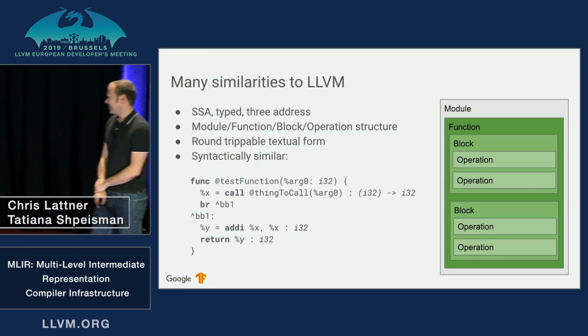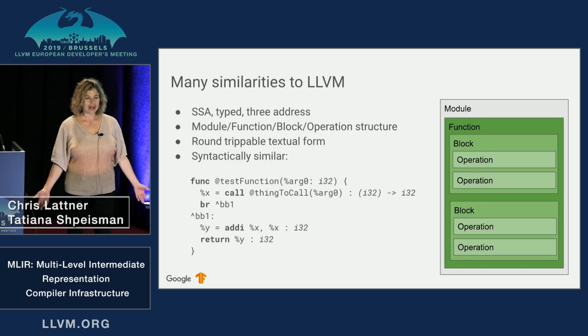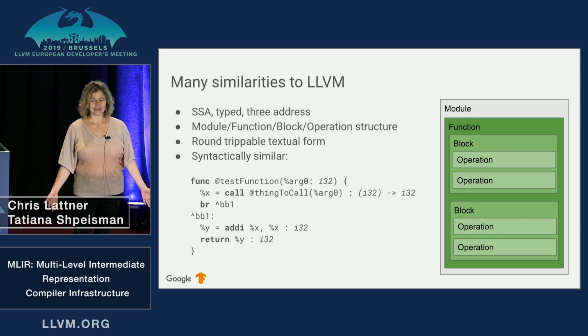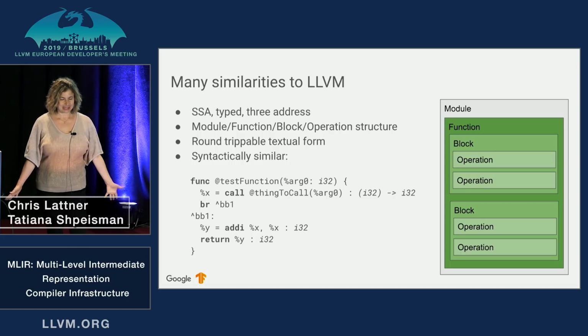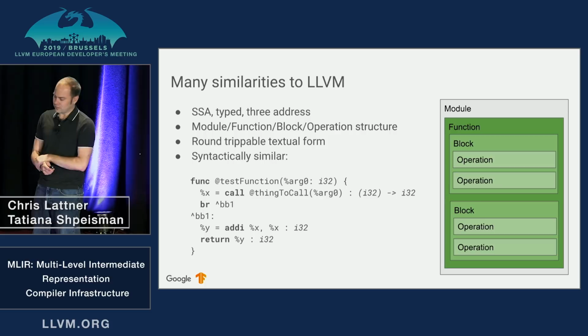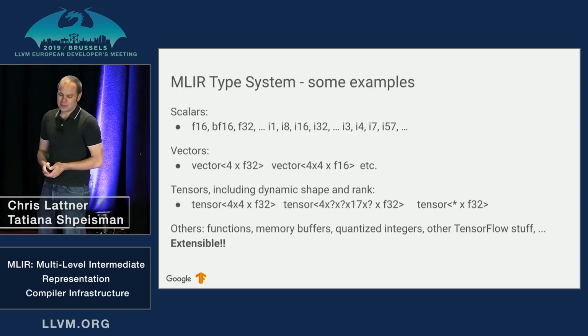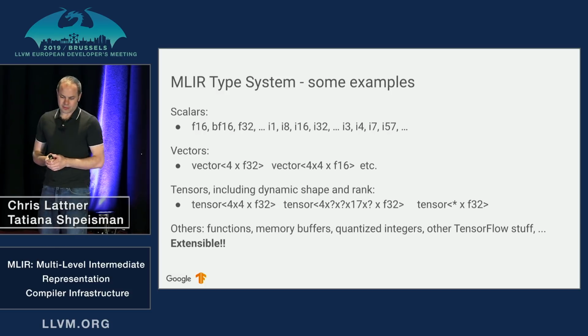So what is it though? What is it really? Well, it's an intermediate representation, and we took a lot of good things from LLVM. So if you look at it, it looks familiar, and that's on purpose, right? SSA, module, function, block, operation, well, in LLVM it's instruction, but it's very similar. Yeah, and so there's lots of great things about LLVM. And so all the good things we brought forward. The type system, we're working in the tensor domain, and so we've extended the type system.